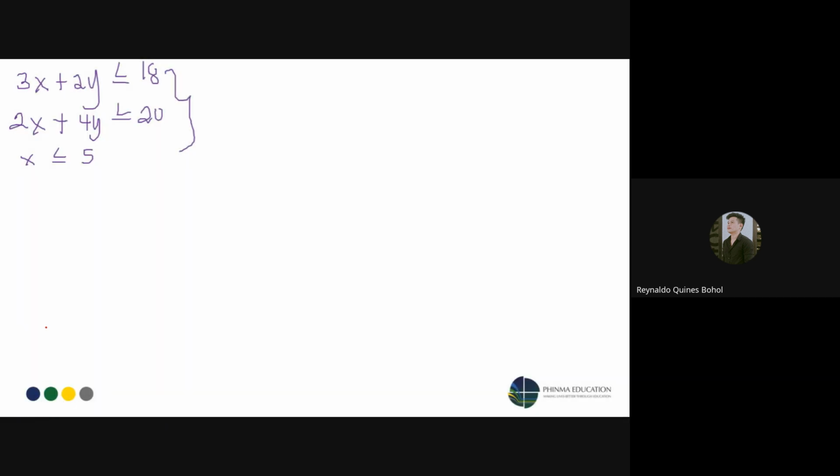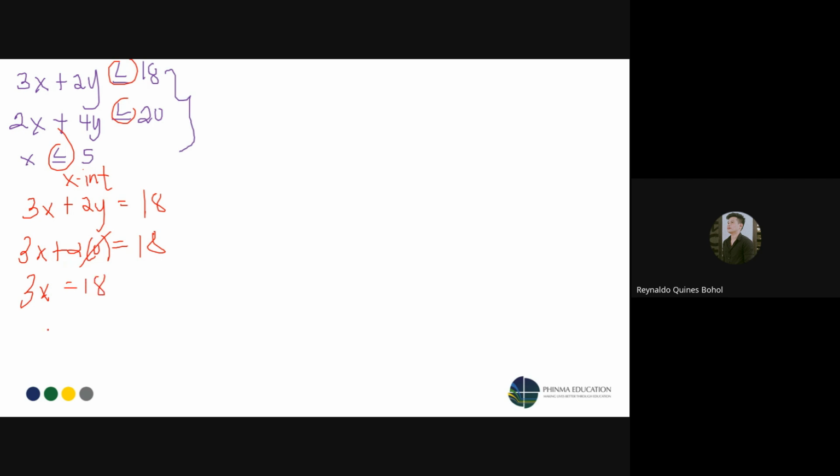Kunin natin yung x and y intercept of 3x plus 2y, direct na natin palitan yung mga inequality ng equal sign. Magiging 18 na yan. So, x-intercept: 3x plus 2 times 0 equals 18. So, 3x equals 18. Then, divide natin sa 3. The answer will be x is equal to 6.